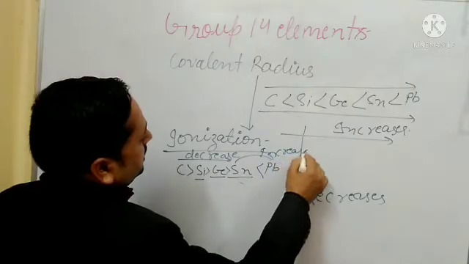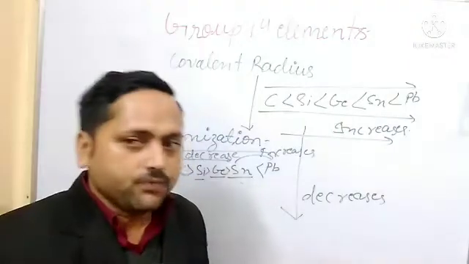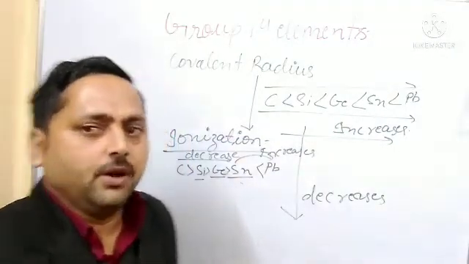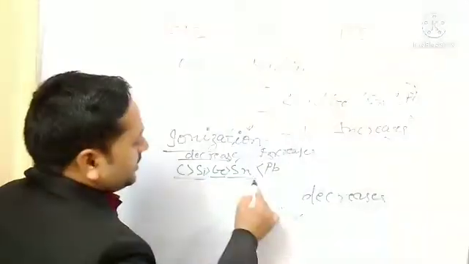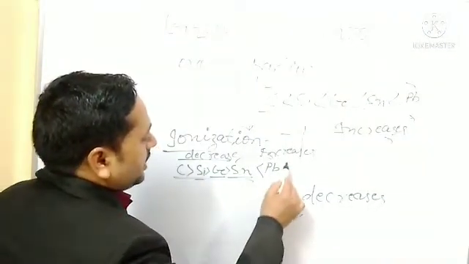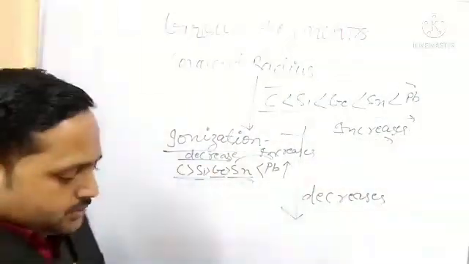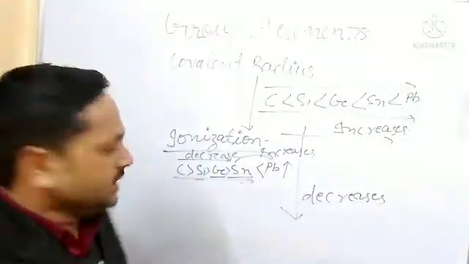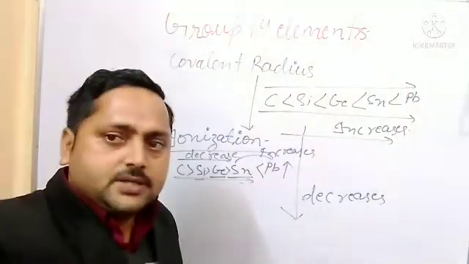So little variation is observed in this case. From carbon to tin it decreases, but it marginally increases from tin to lead. Okay students, if we see this point, it is clear to everyone. Let us see the next point.